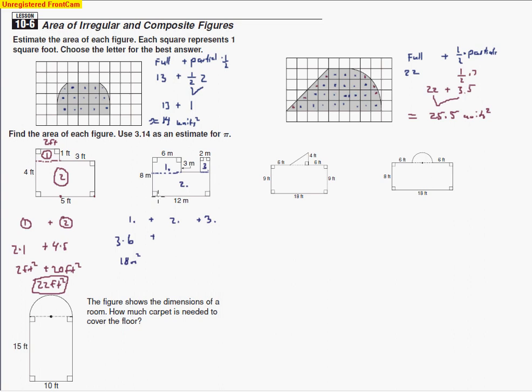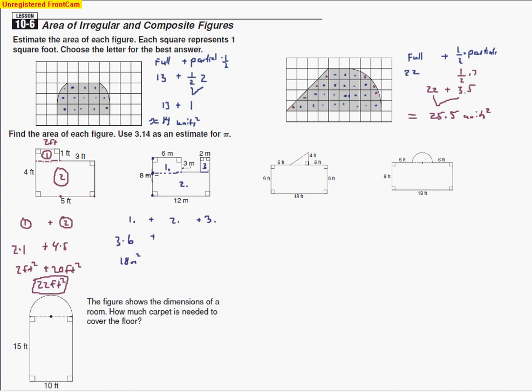Well, I know this is 12, but I don't know this length. See, the entire length is 8. So we need to go over and look for the ones that are parallel to this. So I go over to this one here, and you see how this is 3? Well, that's what I need to take away from 8. You see, this distance from this point to this point is 3. But I don't want that distance. I want to take that away. I just want this distance from here to here.